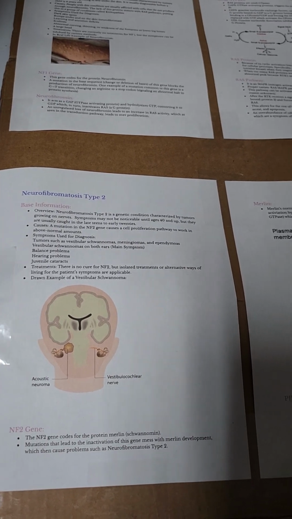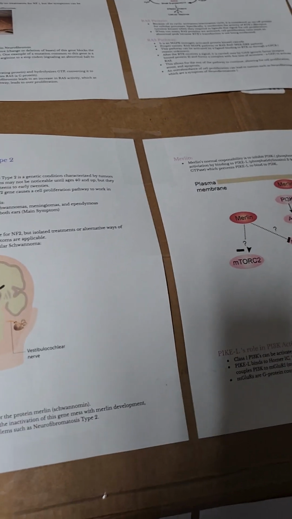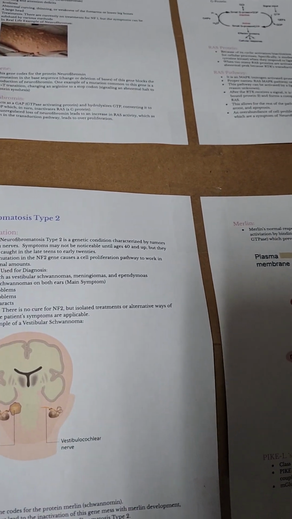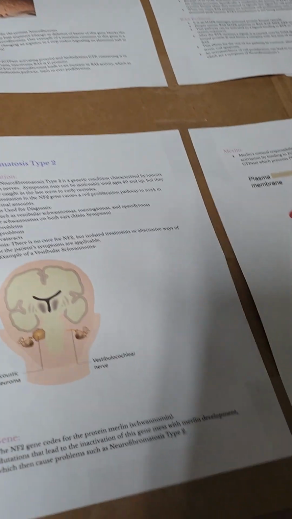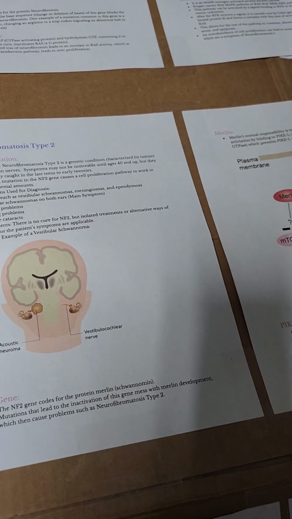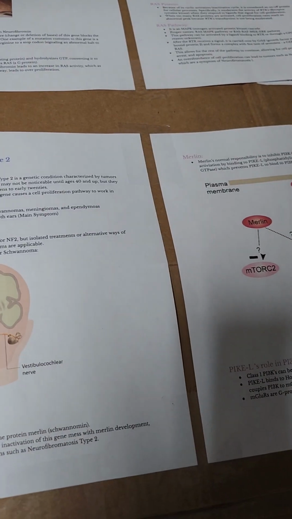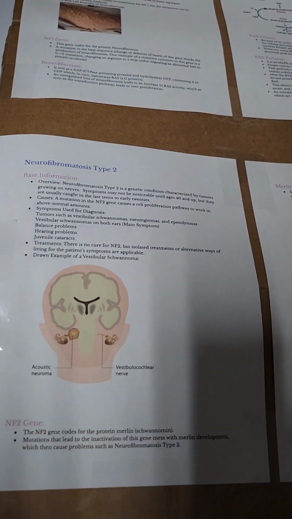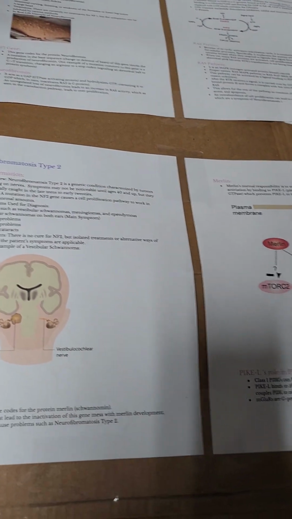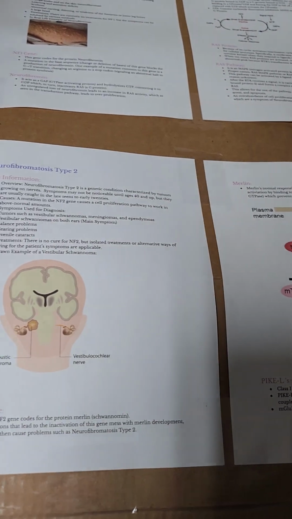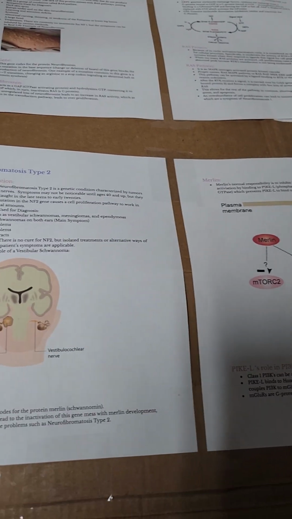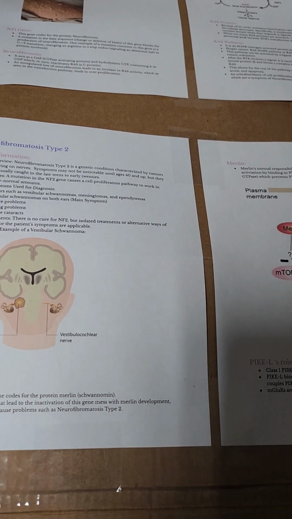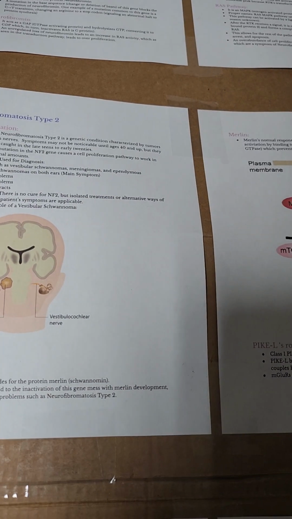Neurofibromatosis type 2 is mostly seen with vestibular schwannomas on both ears. That is the main symptom that they look for. A schwannoma is a tumor that is on a nerve, basically.